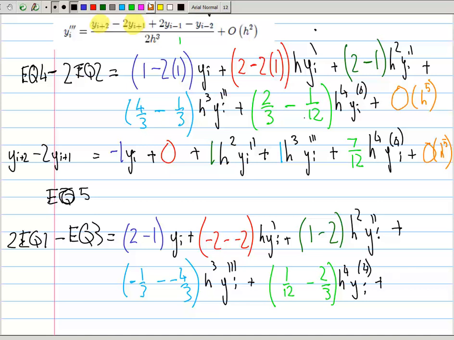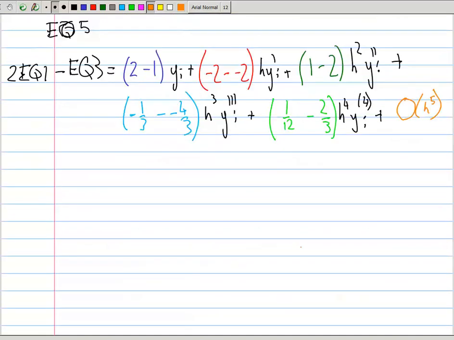And don't forget your h term, your O(h to the 5). So now, once again, we can simplify this. So simplifying this, we end up with, let me get black pen.